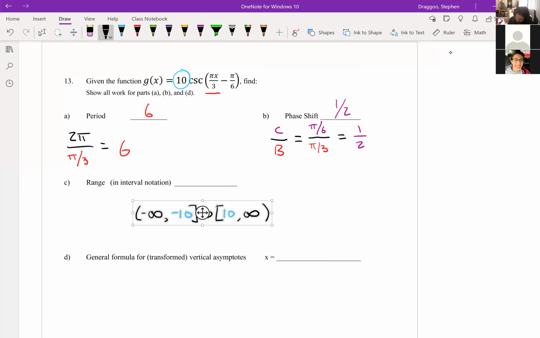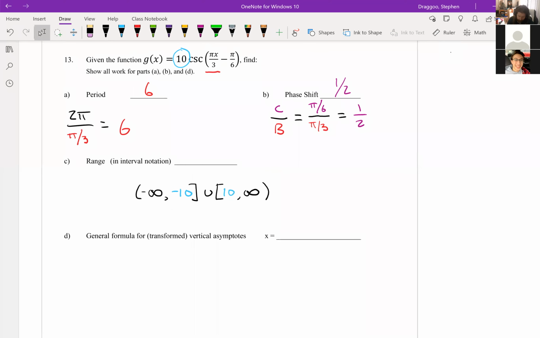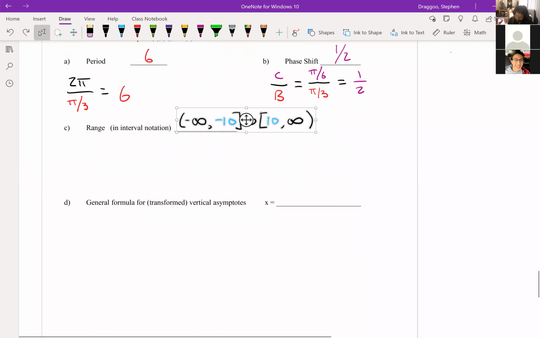Might look cleaner if I just move it right there? Probably. No. Put it in the answer box.